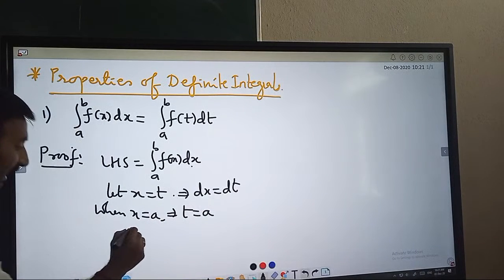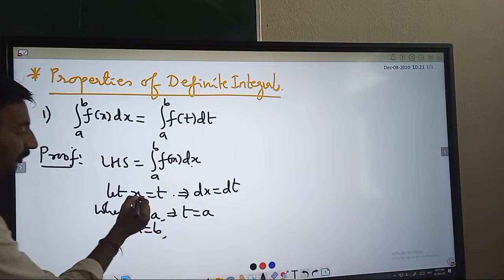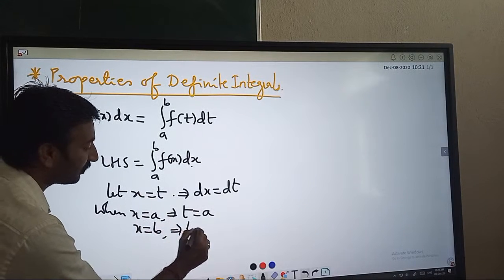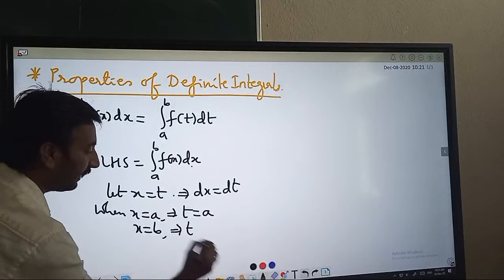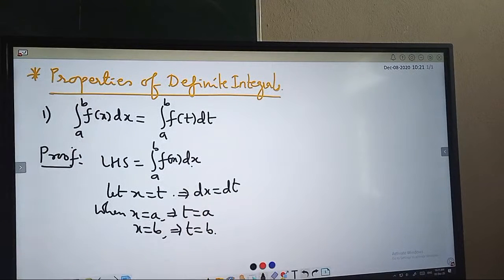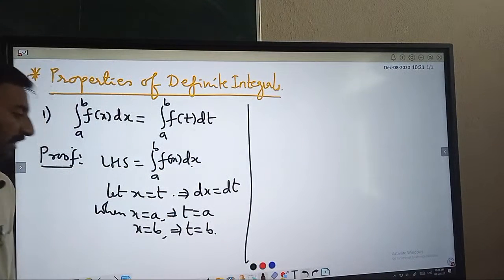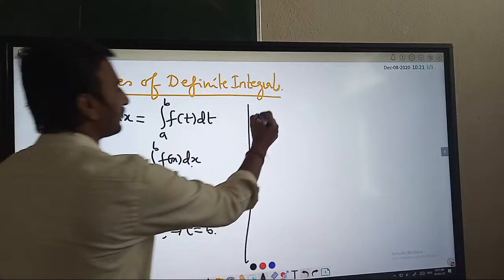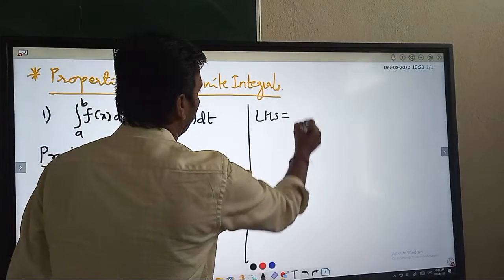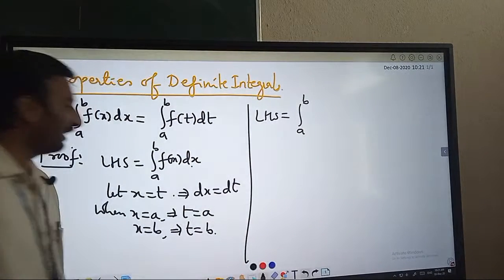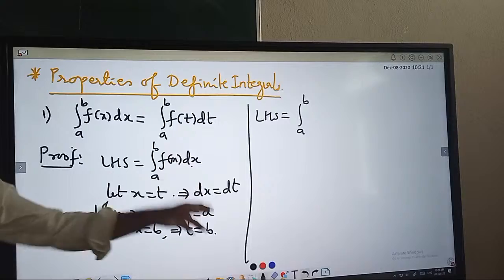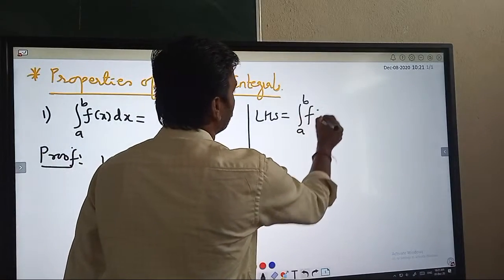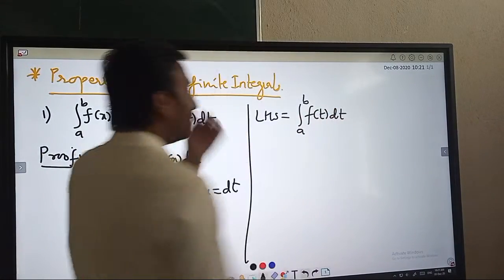When x equals b, t is also b, correct? I hope you can understand. Now look at this. The new variables look like this: LHS equals integration from a to b, no change, a becomes a and b becomes b. x becomes t, dx becomes dt. What is this? It is f of t dt.